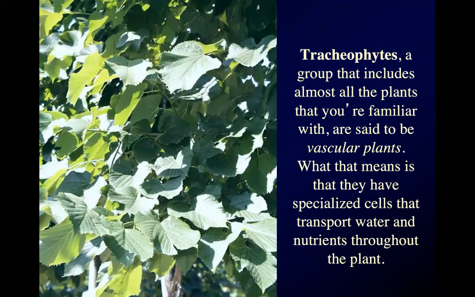So you can have vascular plants growing in deserts that can take up water from their roots and transport it through the plant body to all parts of the plant that need it. So they don't have to be kept in moist surroundings. I guess some do, but many tracheophytes don't have to.